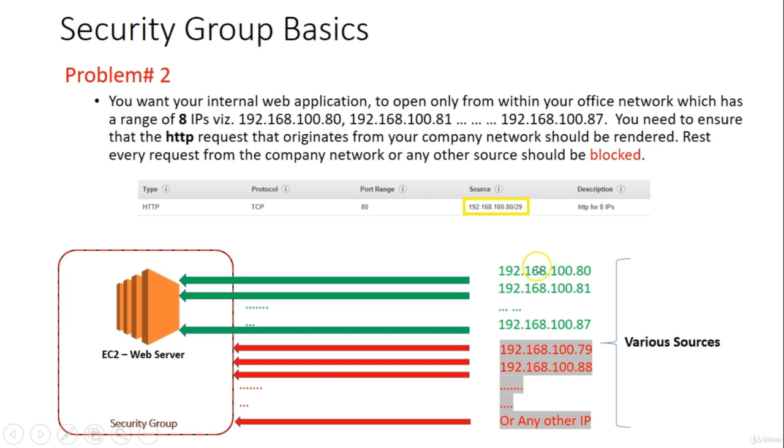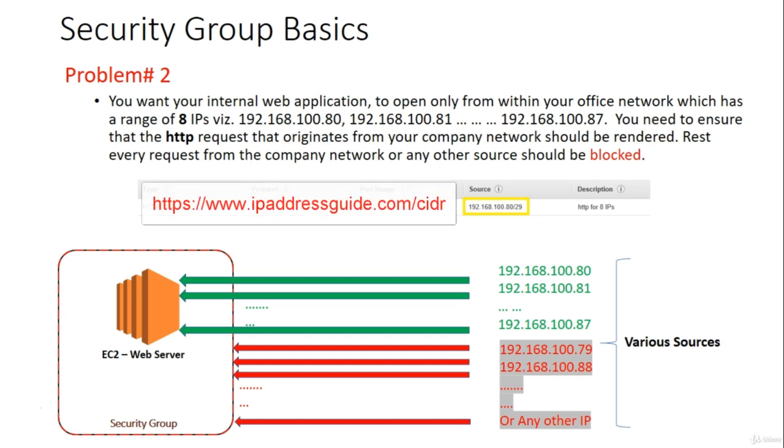It means it will allow these 8 IPs over here. As we have already seen, 29 means it will be an IP with a range of 8 starting from 80 to 87. So this is the takeaway from this slide. The website which you have visited just now, the same can be used.